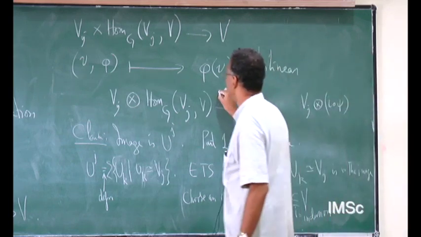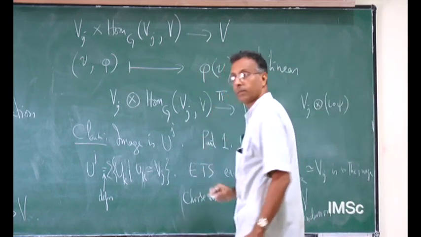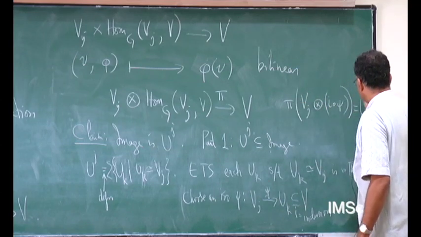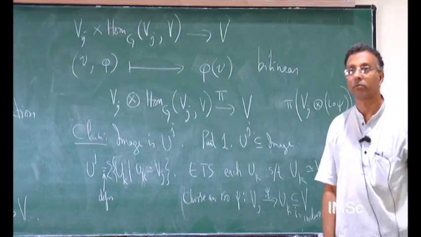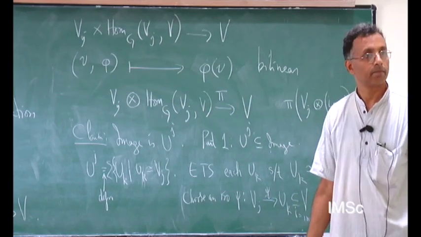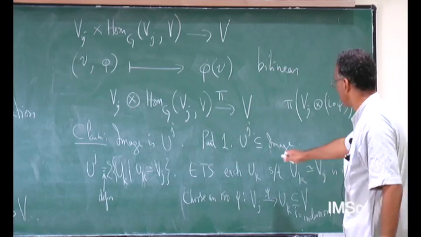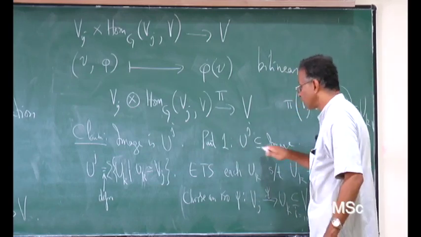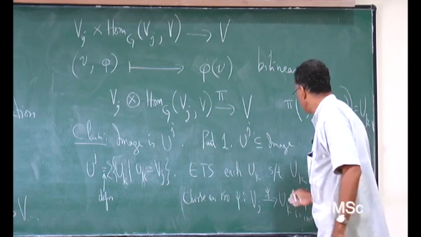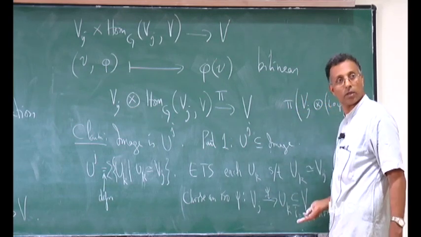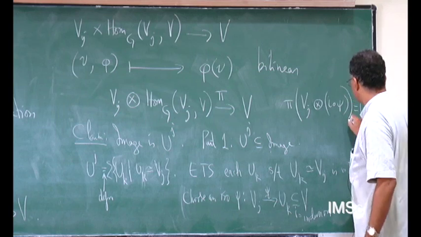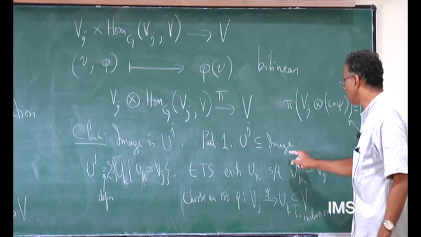Call this phi or something. Phi of this is equal to Uk by construction. Okay, this finishes part 1, because we wanted to show U^j was in the image. It was enough to show that each Uk was in the image, and given such a Uk, I have shown that it is in the image. Okay, so this is QED for part 1.